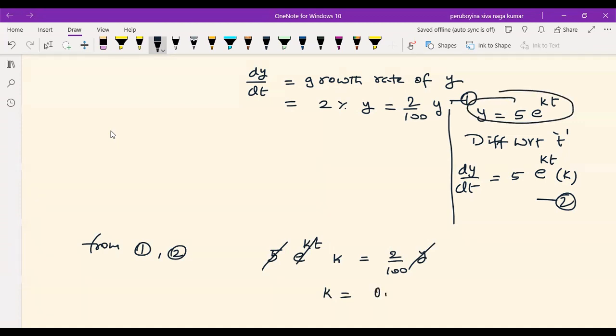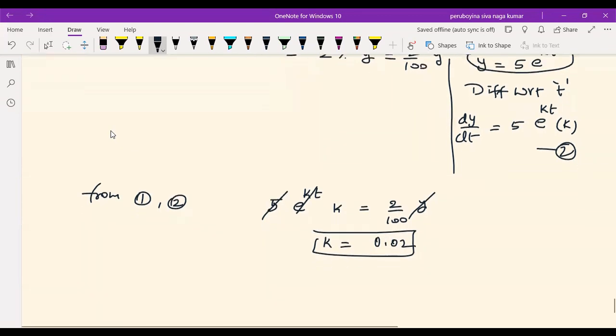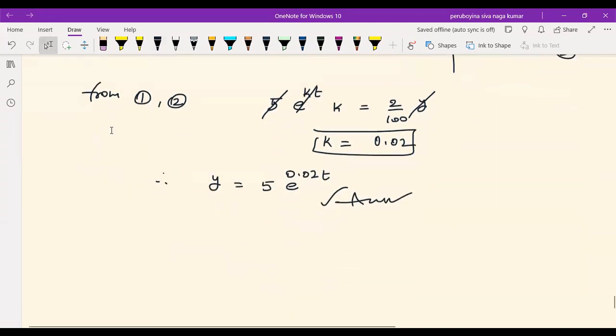So 2 by 100 means 0.02. So we are getting a constant value. So that's it. Therefore, the equation is y is equal to 5 into e power 0.02 into t. So it is a complete equation. This is the equation that refers to the growth rate on the particular value.